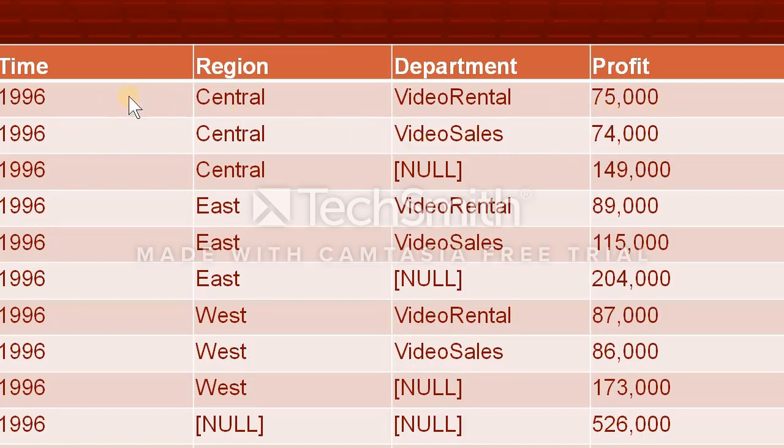Now, if we take a look at these two rows, there is only one difference. This profit is for department video rental in central region in 1996, but in this row, this profit is for department video sales, not video rental, in region central and 1996. So there are similar values for these two columns, but two different values for the department.